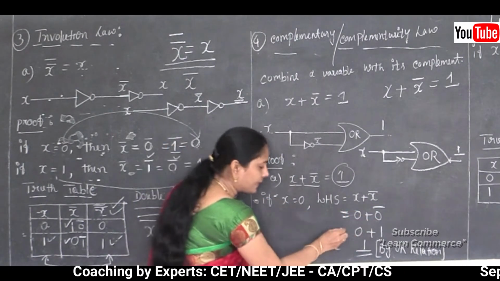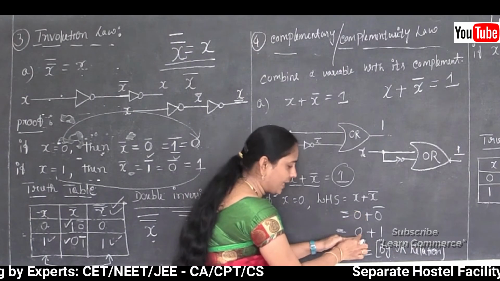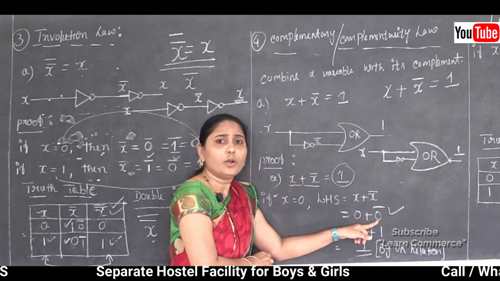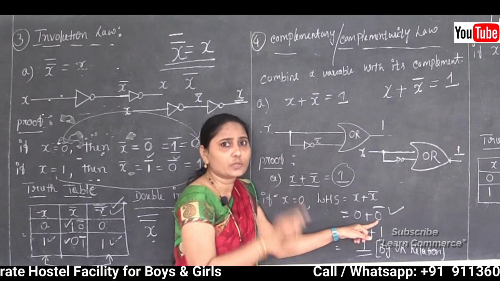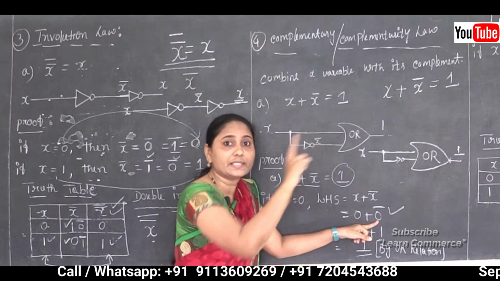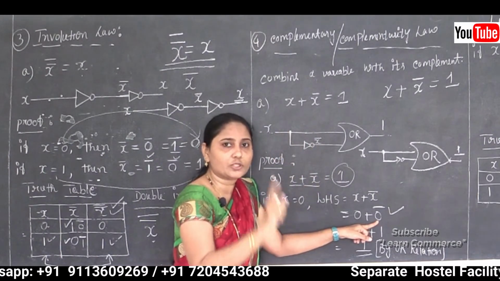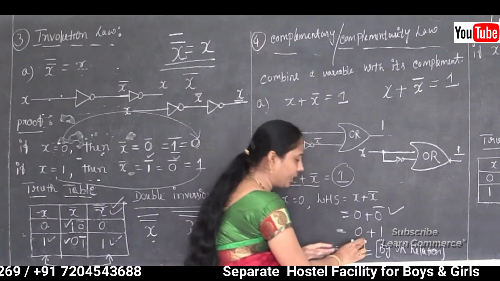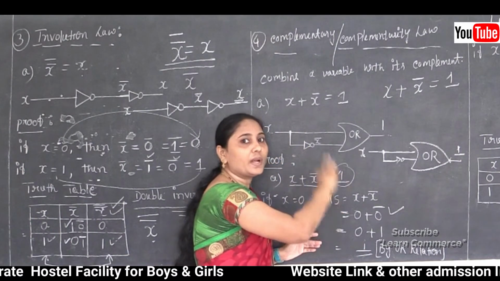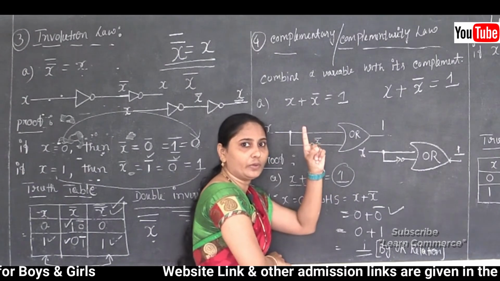Next line, 0 as it is, plus. Now we need to change not false. What's the value of not false? That is equal to 1. Clear this one? That is equal to true. True value is equal to 1. So in the next line we get 0 plus 1, and when you add 0 plus 1, what's the value? The value is 1.